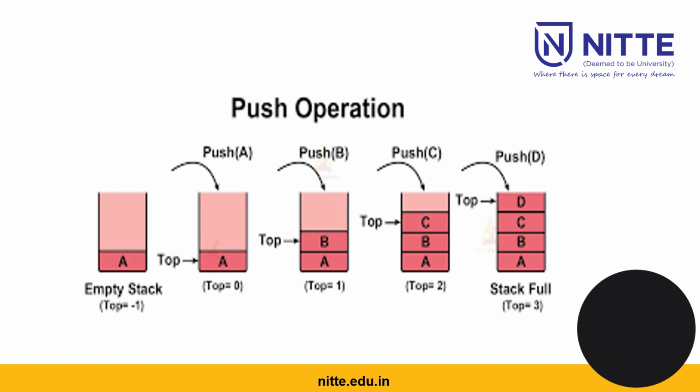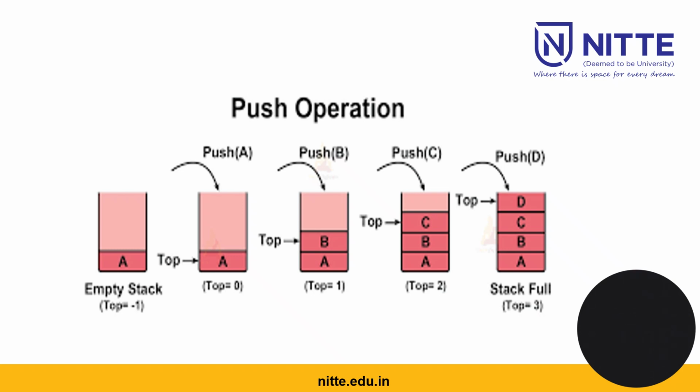Now if you see this here, I will give another element, that is B, to the push operation. Then the push operation pushes that B element into the stack, which will get stored above the element A, and then the top will be incremented from 0 to 1.